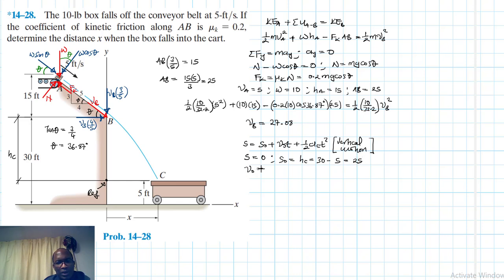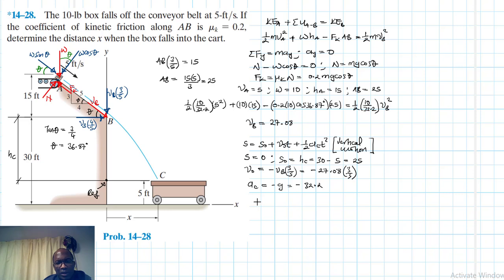And then V naught in our case here is going to be equal to minus VB times 3 over 5, and this is just equal to minus 27.08 times 3/5. Alright, and what else? And our AC is just equal to minus G, which is just equal to minus 32.2.